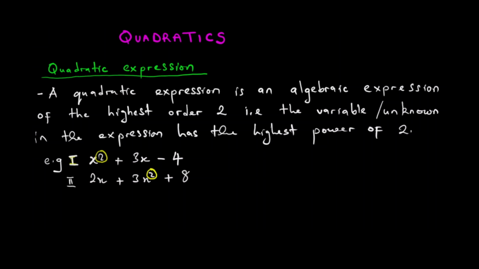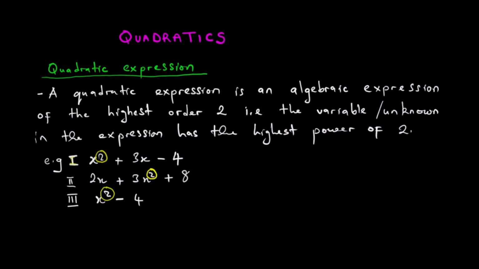We can do the same for a third example, which can just be x to the power 2 minus 4. Even though this has no term in x, when we look at the powers of x we see that the highest power is 2, meaning that it is still going to be a quadratic expression.